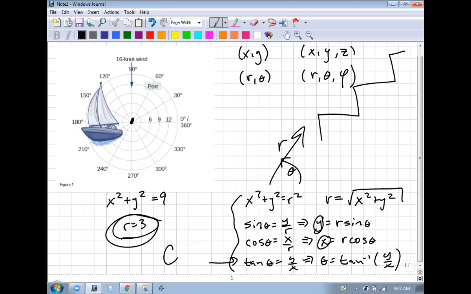Here you have to be careful though, because remember, tangent inverse always gives you something on the right side of the circle. If you're talking about a coordinate over here, you might need to add pi to that sometimes. That's the only subtlety here. So these equations allow you to go between x and y and r and theta. That's just the first four things we learned.